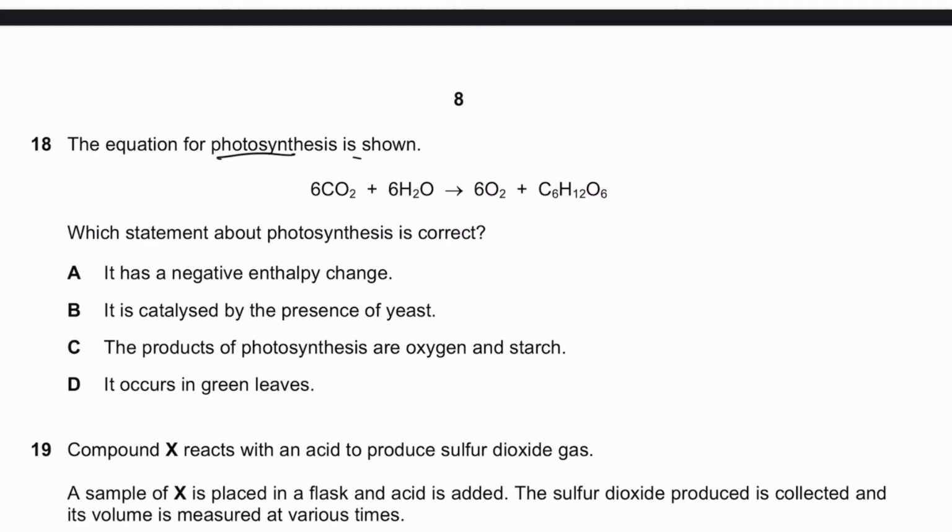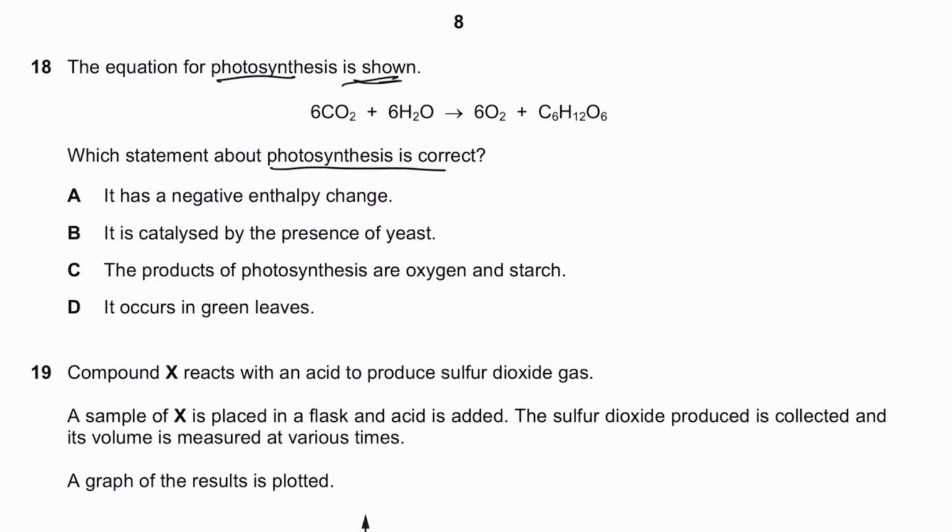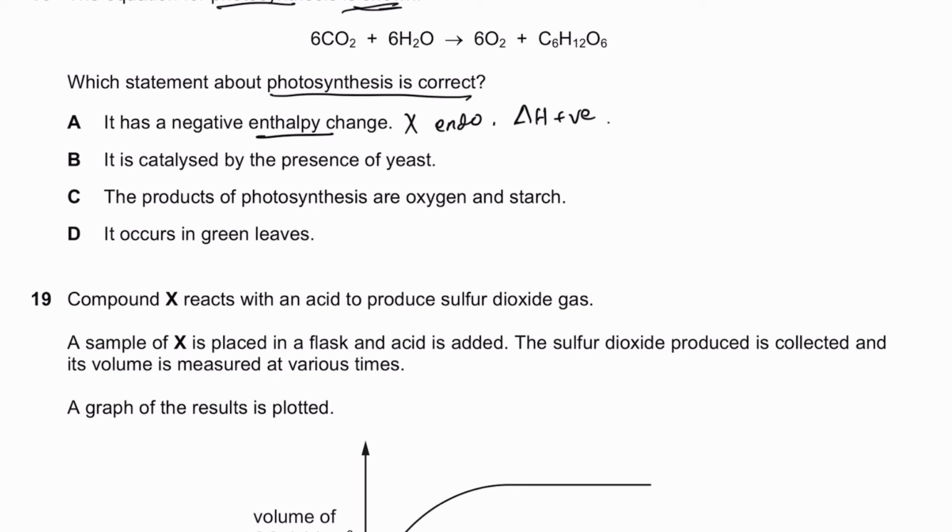The equation of photosynthesis is shown. Which statement of photosynthesis is correct? It says it has a negative enthalpy change. No, photosynthesis is endothermic, meaning it has a positive delta H. It is catalyzed by the presence of yeast. This is also wrong. The products of photosynthesis are oxygen and starch. So right here, this is starch, and this is oxygen.